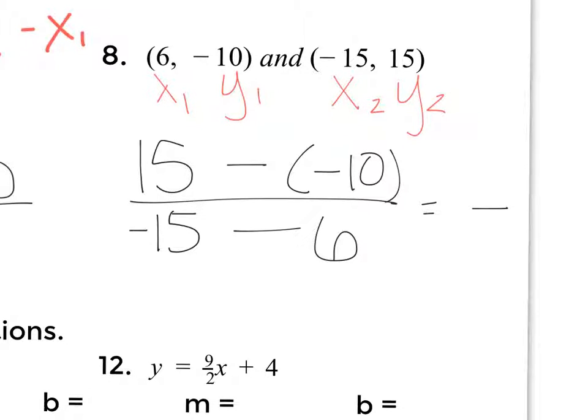Okay, so let's see. 15 minus negative 10 is 25. Negative 15 minus 6 is negative 21. Y'all are doing a nice job. Hang in there.